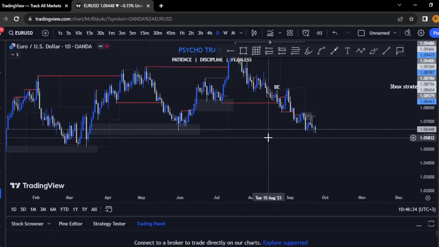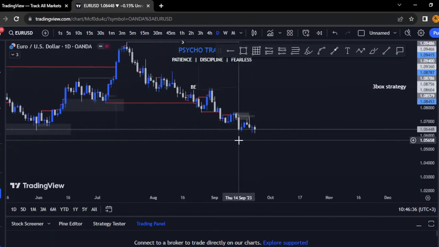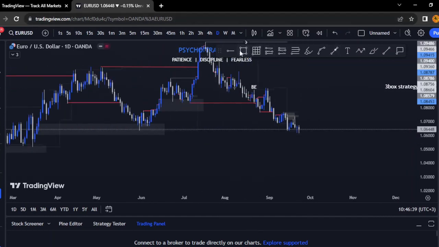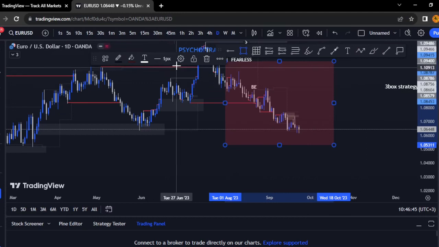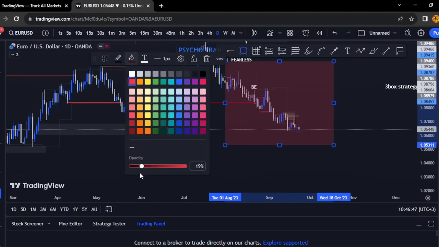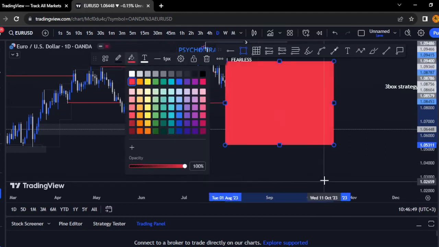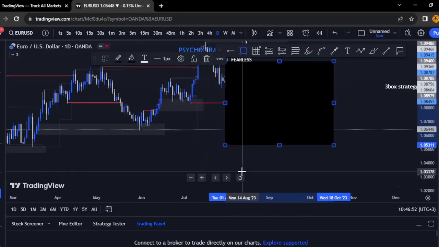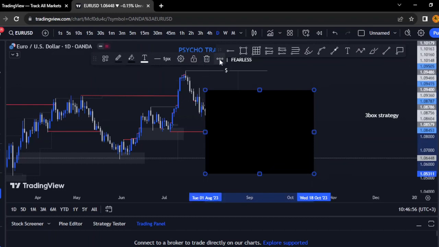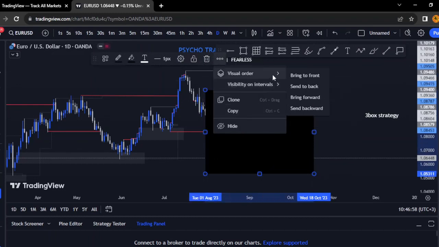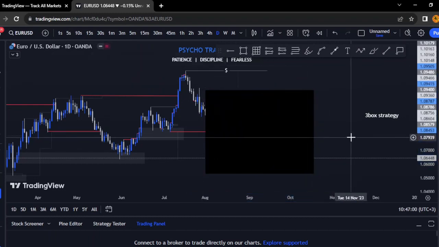Looking at the daily chart, it was around this point when I was looking for longs. Let me cover all this and make it a little bit thick, in black. Let me bring it to the front.